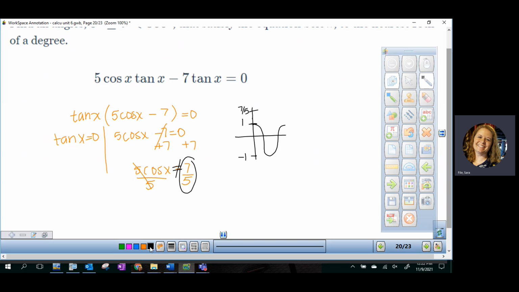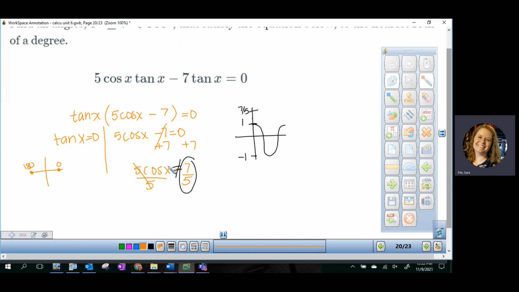But this factor over here does. Is there a place where tangent is 0 on the unit circle? Is there somewhere around the unit circle that tangent equals 0? There is. It's at 0 and 180. Both of those places, the tangent is 0.